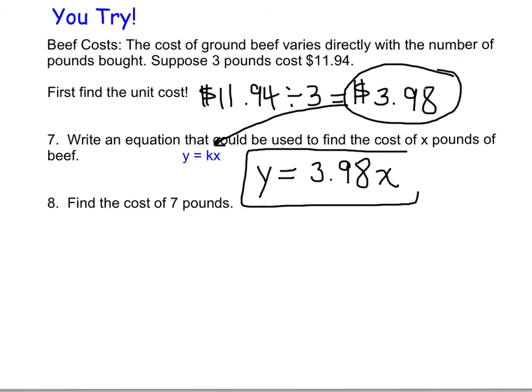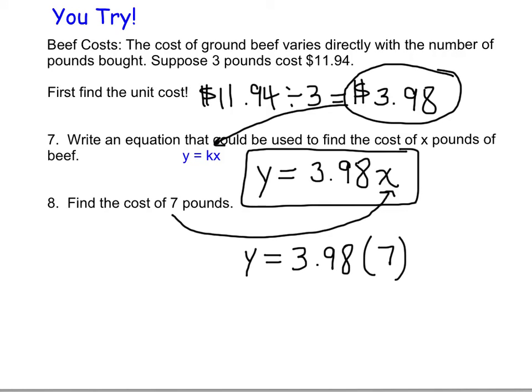This is our equation. Now we can answer our last question, which says find the cost of 7 pounds. So if we plug in 7 here for x, we end up with $3.98 times 7, and so our cost is $27.86 for 7 pounds.